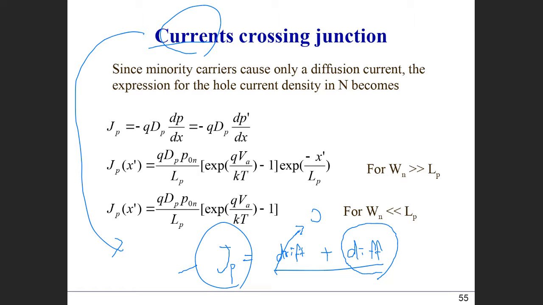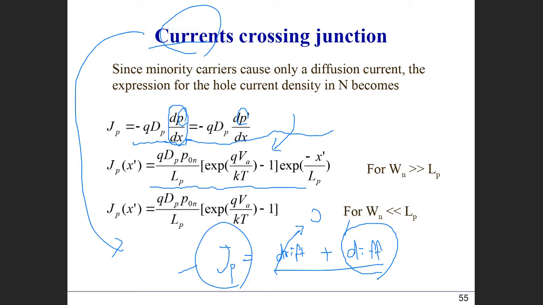The diffusion current equation follows this equation. As you can see, this diffusion current is related to the change of hole concentration as a function of x. In the previous slide, we obtained this excess hole concentration as a function of x, so if you plug that function in here, you can obtain this kind of equation.